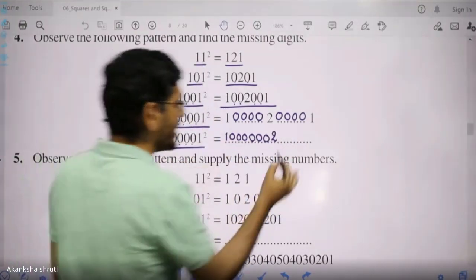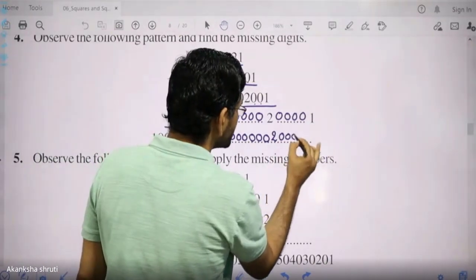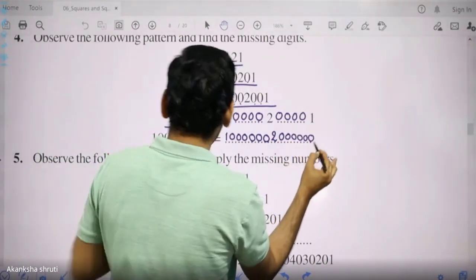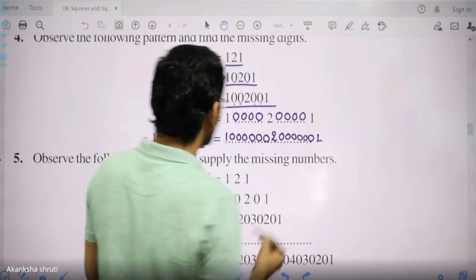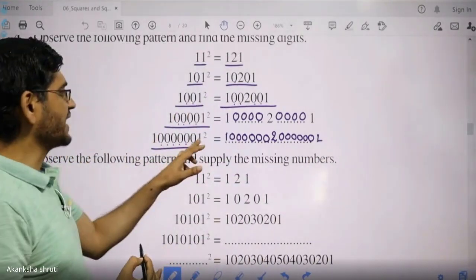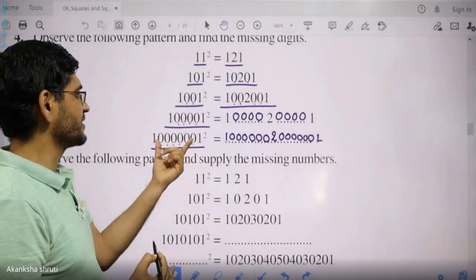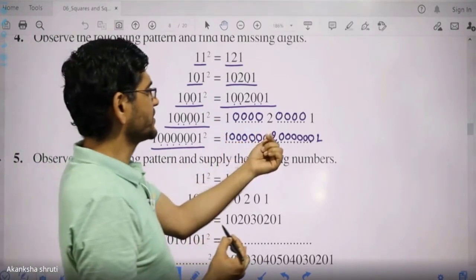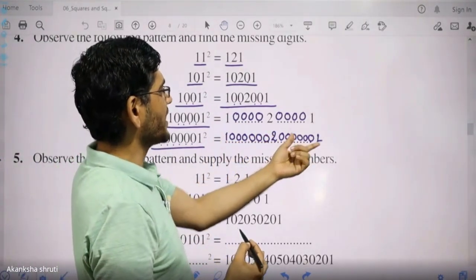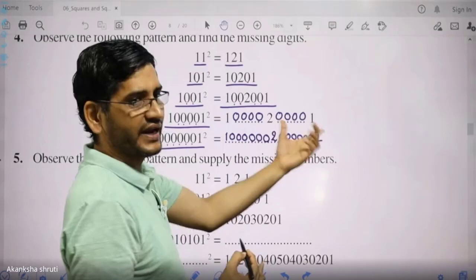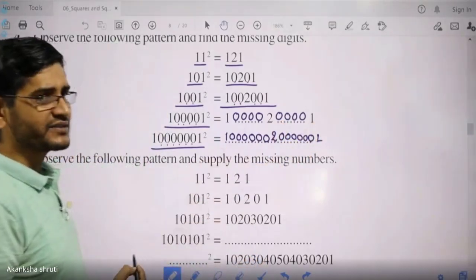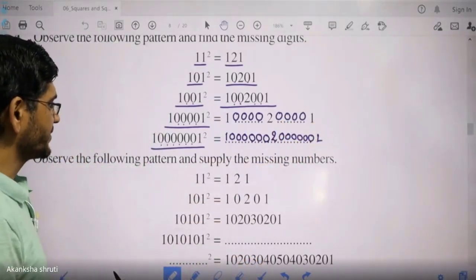Then again, we have to write the 6 zeros. Then the 1. Okay. Meaning if it is starting with 1 and the unit digit is also 1, then whatever the number of zeros, place it before this 2 and after this 2, with 1 and 1 at the ends. That is the pattern. Very simple. Just by observation we can write.